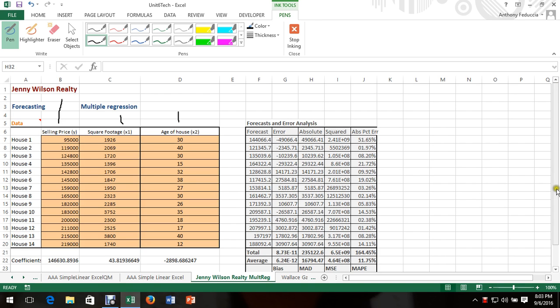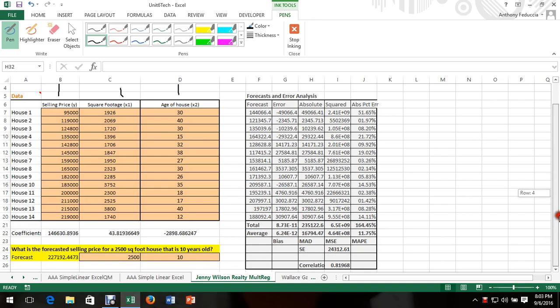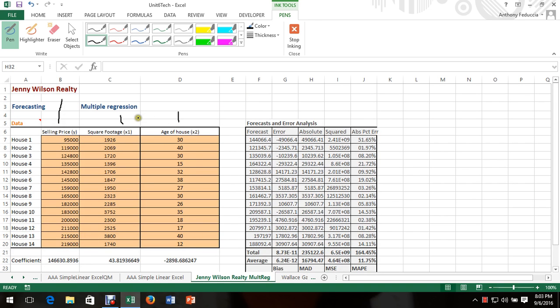And so instead of having y equals mx plus b, the way we did before, we're going to have y equals the constant, I'll just call it c, plus x1 times its square footage plus x2 times the age of the house.